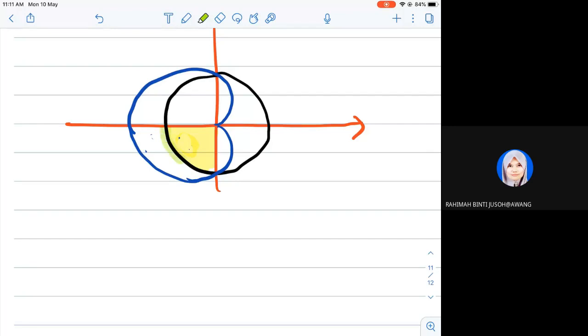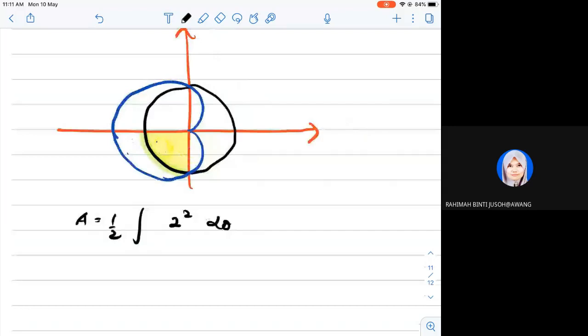Garisan yang saya highlight hijau tu hak milik siapa? Hak milik cardioid ke hak milik circle? Circle. Okay, memandangkan dia belongs to that circle, so kita nak calculate area of the region, kita hanya consider R kita hanyalah untuk circle sajalah 2 kuasa 2 d theta.